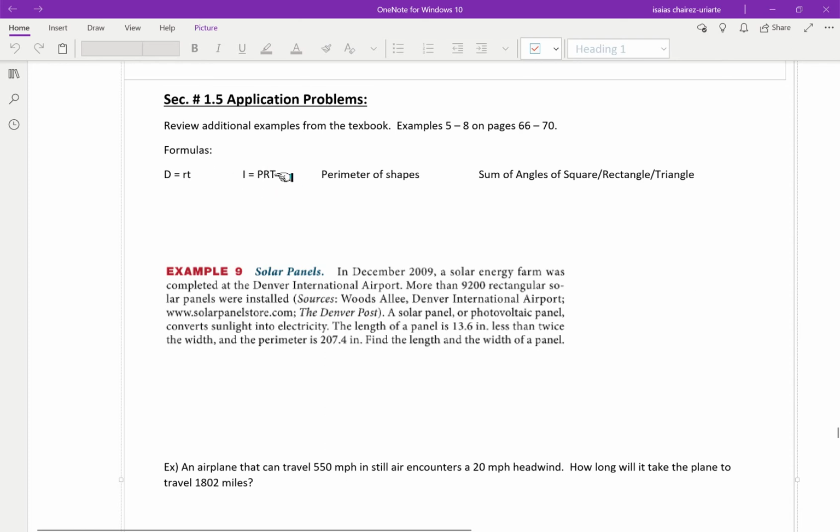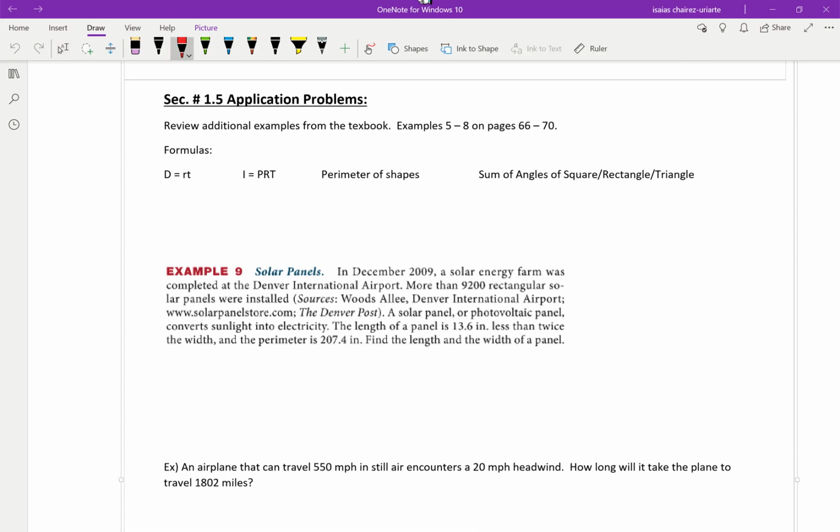Another formula, an idea that's important for us is simple interest. So the interest, I, equals P. So here, let me mention, we said that distance equals rate times time. That's this one.